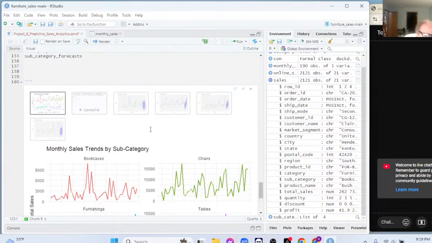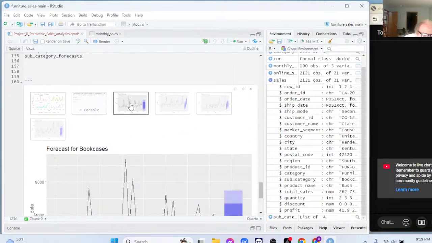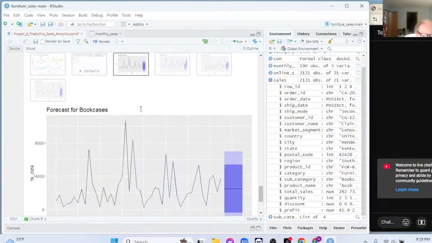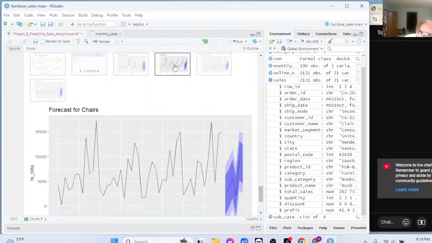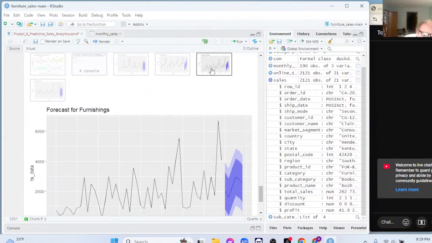Oh, very nice. Then we have individual plots. Oh, that's not very good.